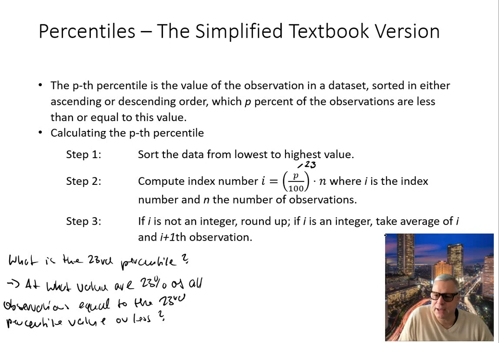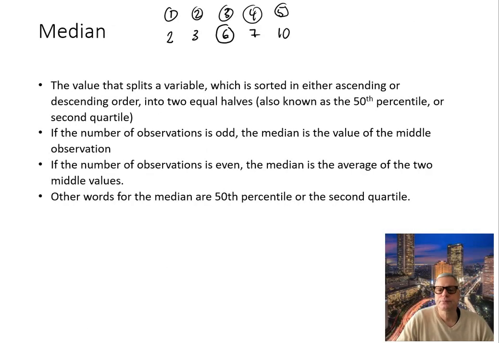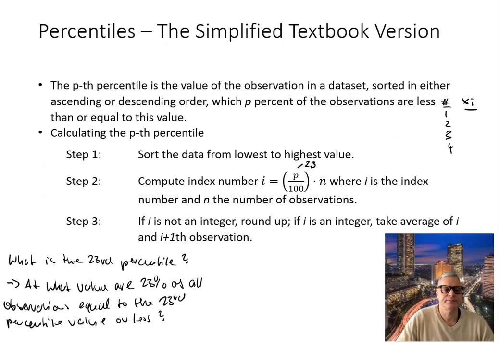So let's do again a quick example. Let's say we go back to our previous example, and now we have, let's say, number 1, 2, 3, 4. So let's say we have 4 observations, and the value is, let's take the previous numbers again, 2, 3, 6, 7.